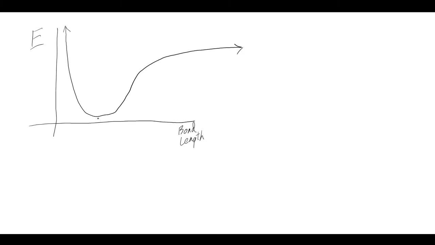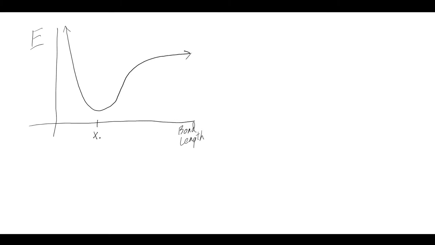Okay, now the bottom of this is my equilibrium bond length, and so this would be the lowest energy here. And the dissociation energy then is this height, right? From the bottom of here to the asymptote of this curve, that is this dissociation energy.